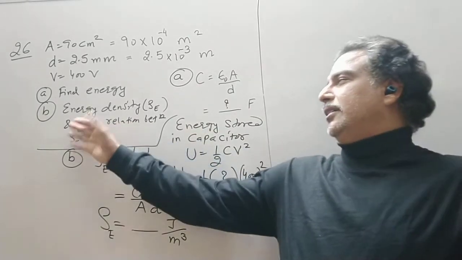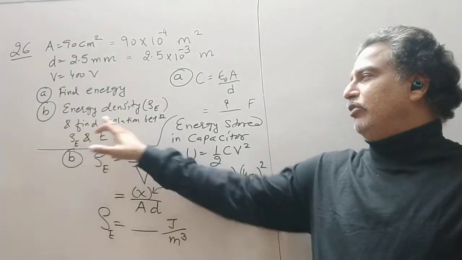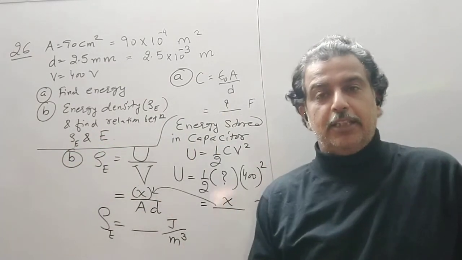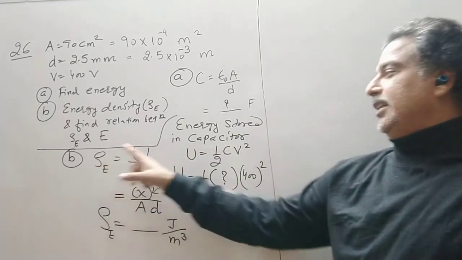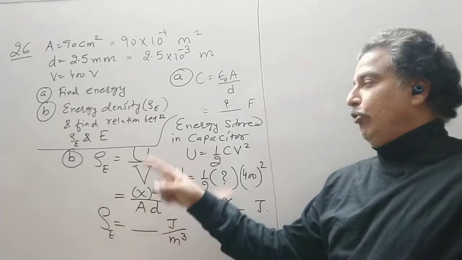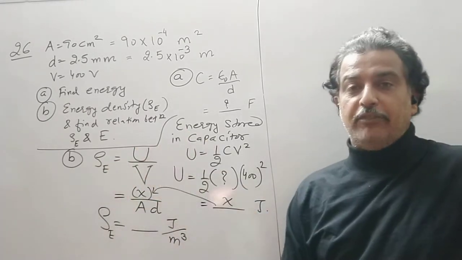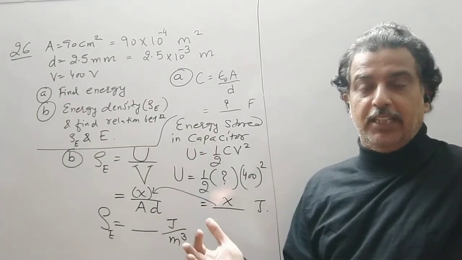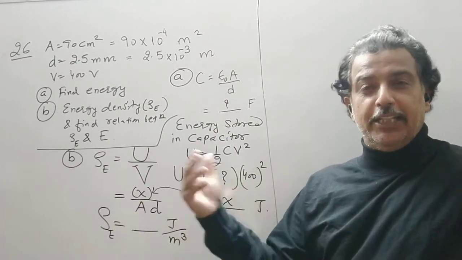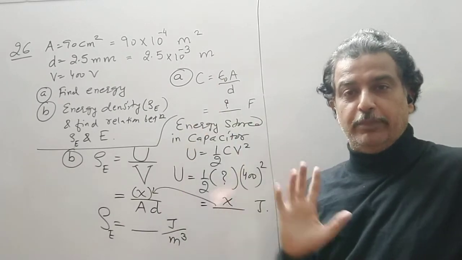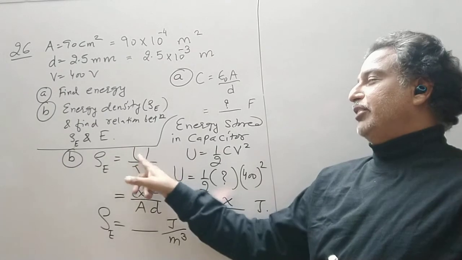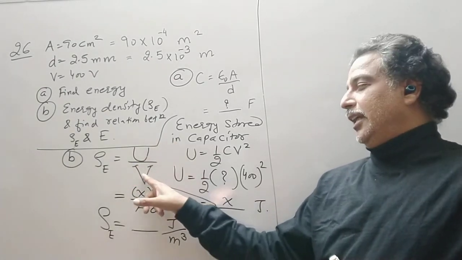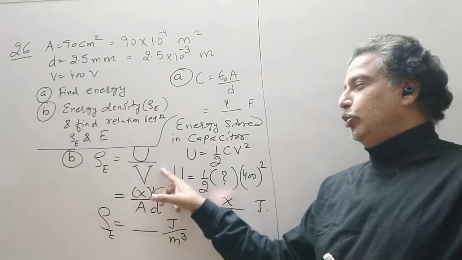And the other part is derive the relation between rho E and E. That we have already done in the theory portion. Rho E is equal to U upon V. Then if you remember, U can be written as half CV square upon V. Then V was written in terms of E. V was equal to E into d, because E is equal to V by d. So here half CV square, V square means E square d square. Then in place of volume you have area into d.